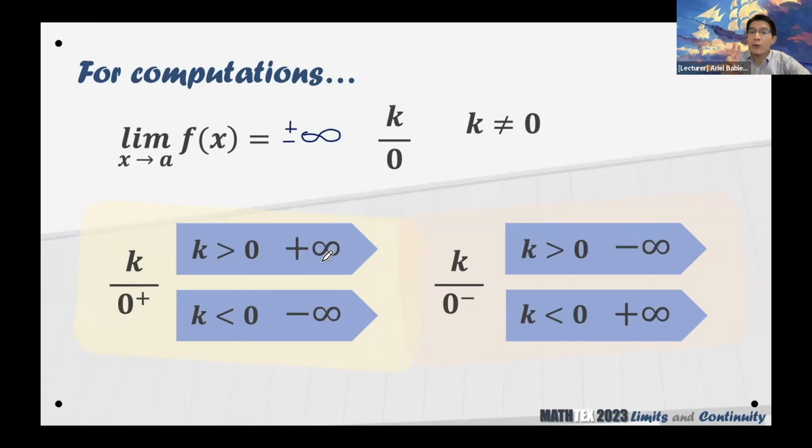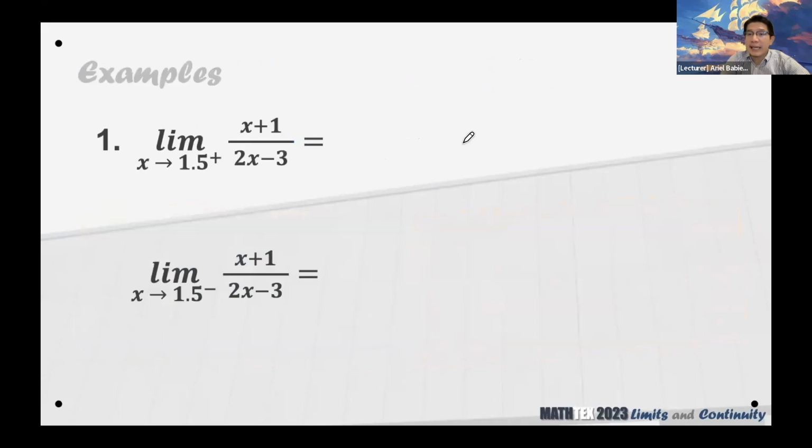Kasi there are only two ways to approach 0. Tama, di ba? Let's say over the x-axis, there are only two ways to approach 0. It's either from the positive values or from the negative values. In short, if we obtain here a 0 in the denominator for the limit, there are only two choices. You can only approach this 0 from the positive or from the negative.